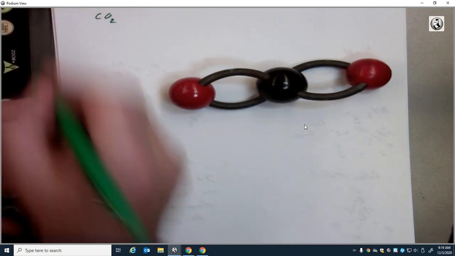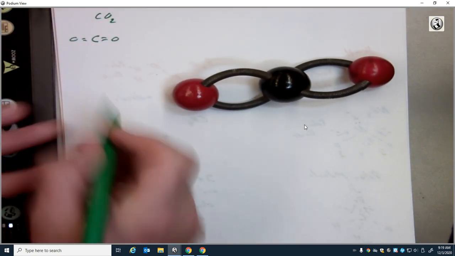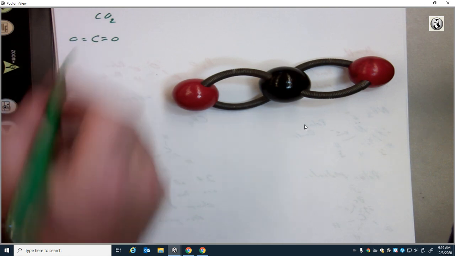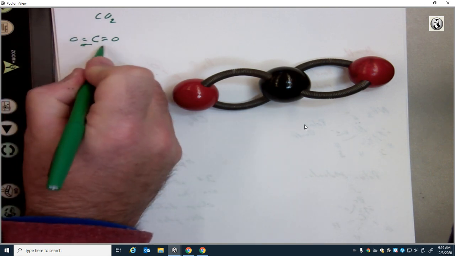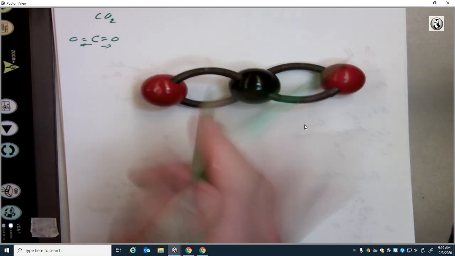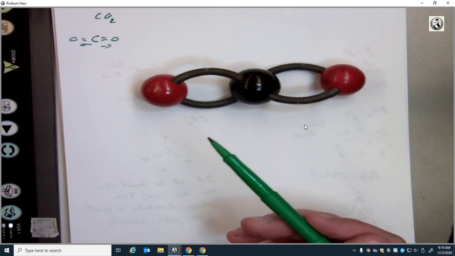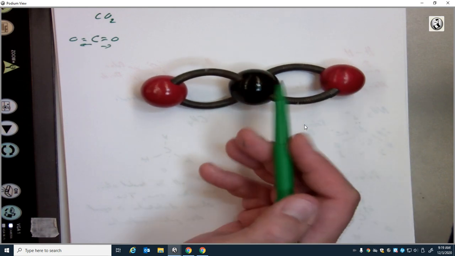It's linear. There it is. Okay, and we already said that this has polar bonds. So we know that the electrons are pulled out. So this side right here, we know the electrons are pulled towards the oxygen. So this is becoming slightly negative, and this is becoming slightly negative, and this becomes slightly positive.